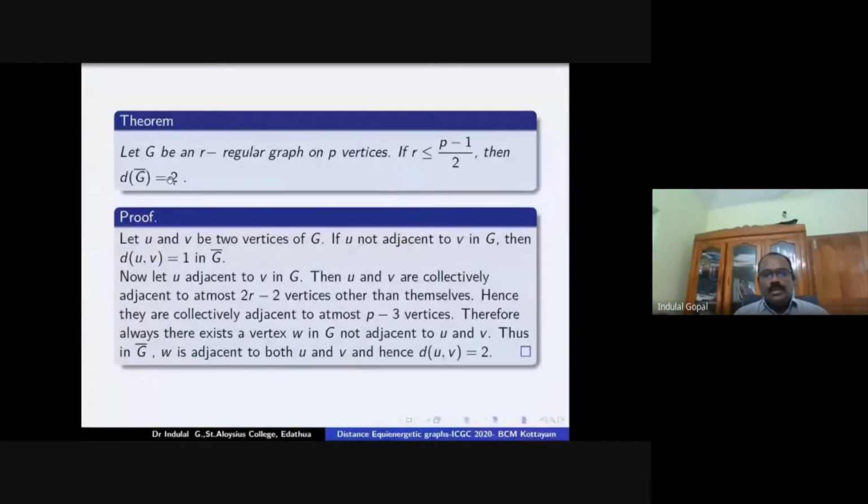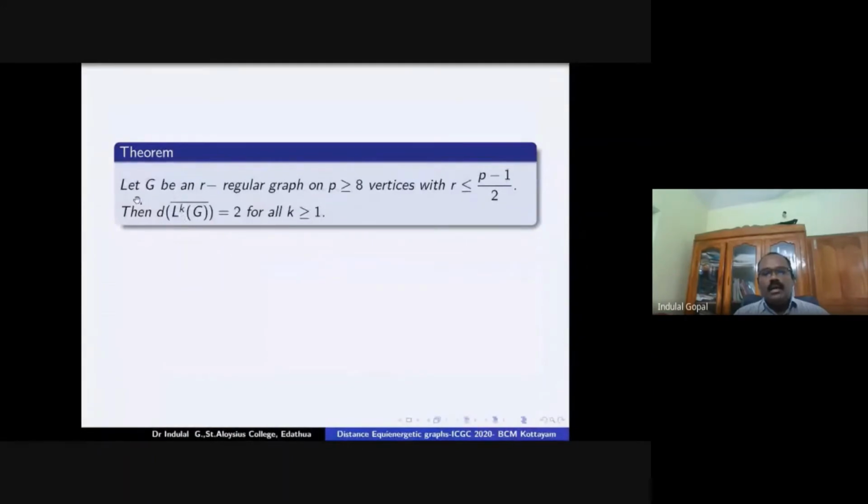And using this observation, we can prove that if G is an r-regular graph on p greater than or equal to 8 vertices with r less than or equal to (p minus 1)/2, then the diameter of the complement of L^k(G) equals 2 for all k greater than or equal to 1.